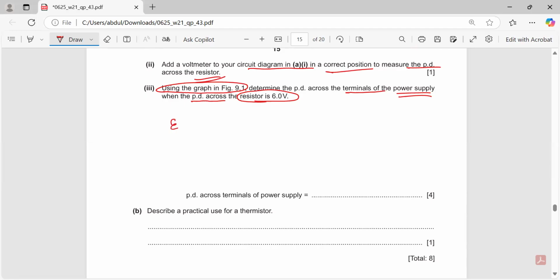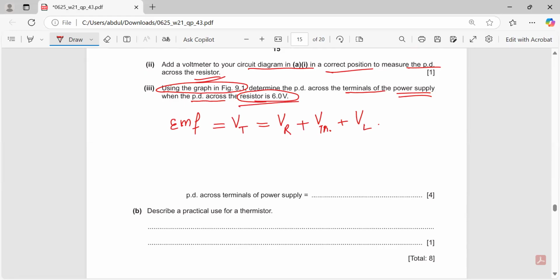As the components are connected in series, EMF is equal to total voltage, that will be voltage across the resistor, plus voltage across thermistor, plus voltage across the lamp.